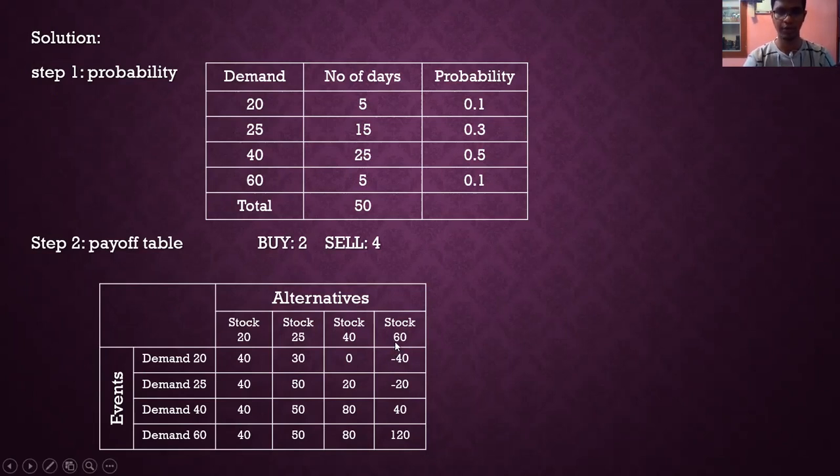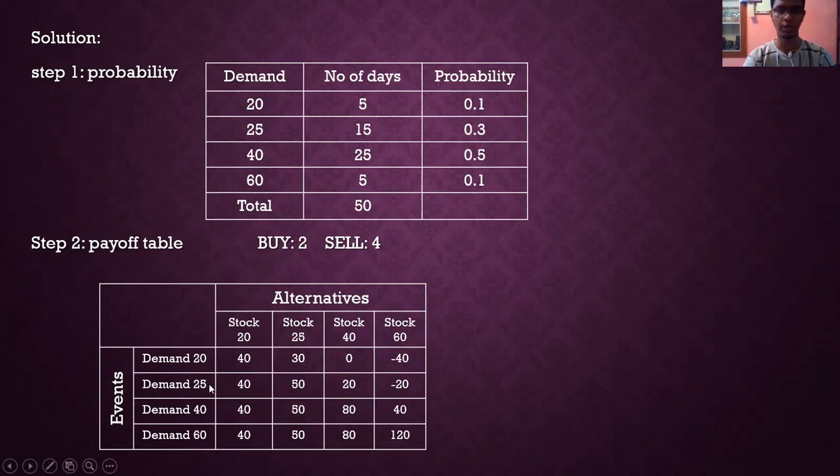So only 25 units we can sell. So we are meeting the demand of 25, and 25 into 2 will give us a profit of rupees 50.